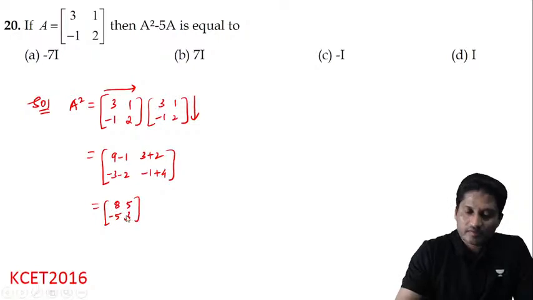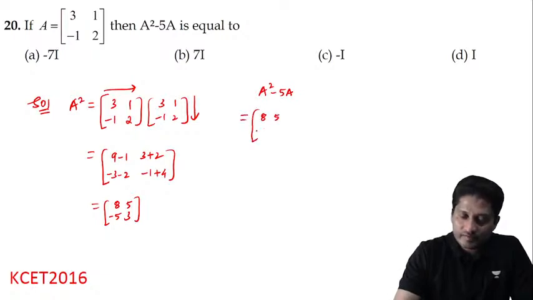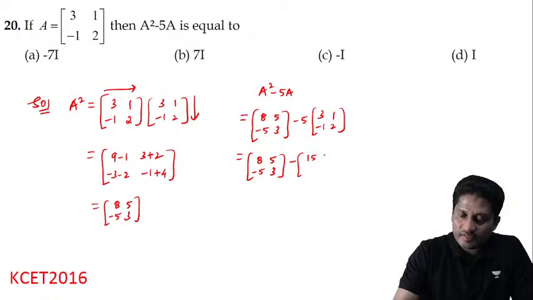A square is 8, 5, minus 5, 3. Supposed to find out what is A square minus 5A. Minus 5 times matrix A, that is 3, 1, minus 1 and 2. Okay, this is 8, 5, minus 5 and 3. If you multiply 5 inside, you get 15, 5, minus 5 and 10.